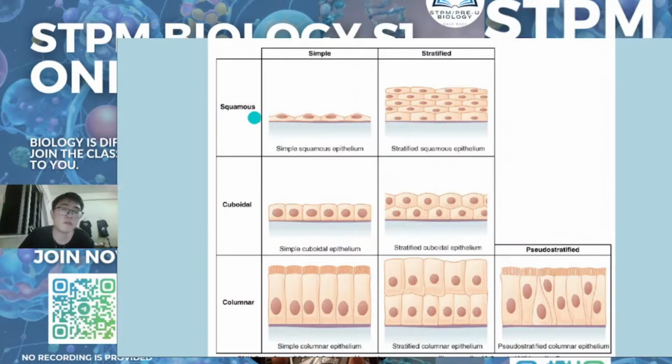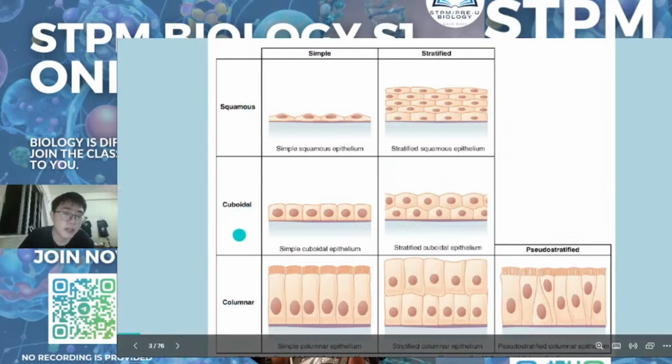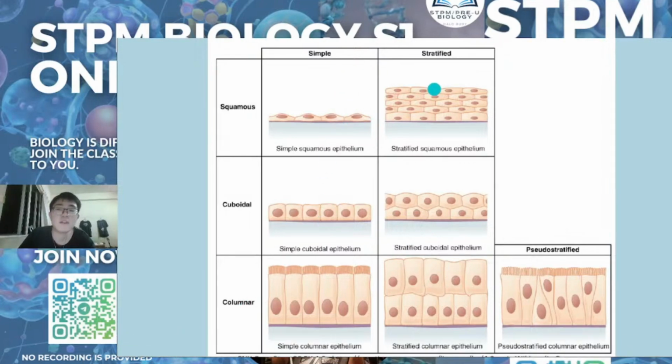But for squamous, cuboidal, and columnar, they are classified as either simple or stratified. The difference is that simple contains only one layer. Stratified means it contains more than one layer, maybe 3 to 4 layers, at least 2 layers.